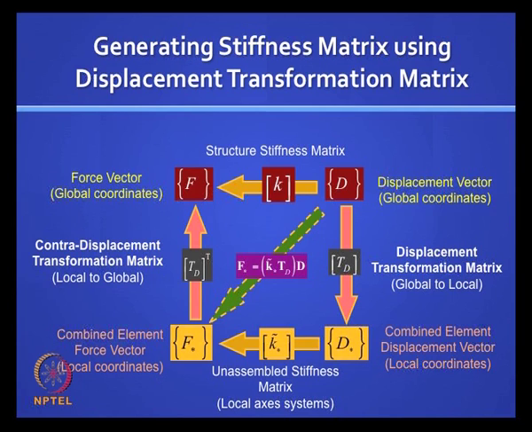Remember I put a K tilde to remind myself that I am dealing with a reduced stiffness matrix. So agreed. So the unknown bar forces are nothing but this times that. Is it clear? Then if I want to take this shortcut directly from D to F, what do you think K will be? K will be TD transpose K tilde star TD. So you will find repeatedly this kind of pattern emerging.